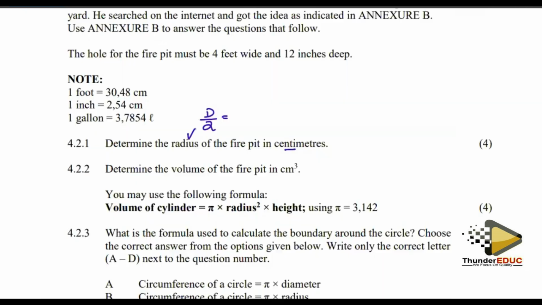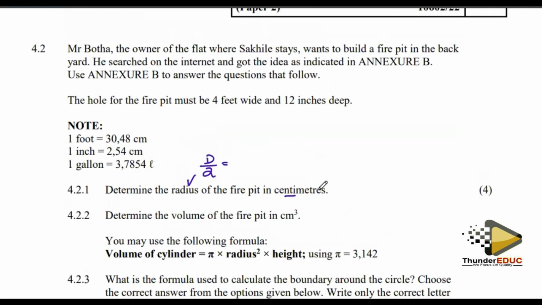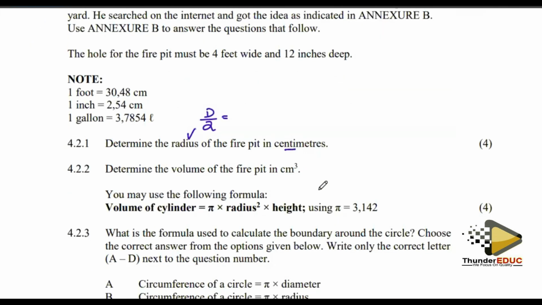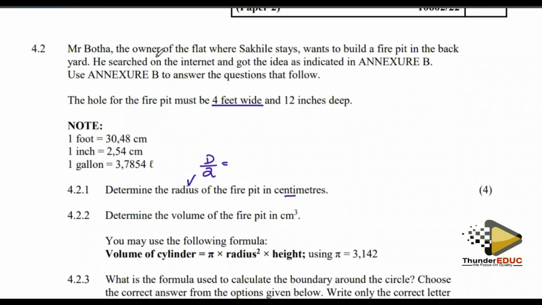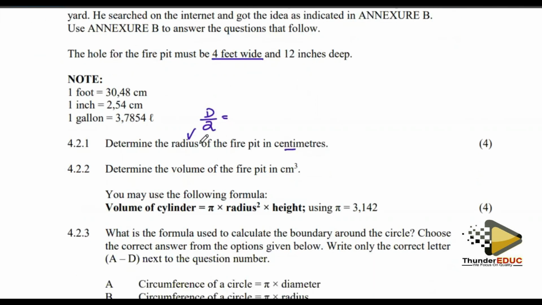All right, let's go back to the question here. Even though you didn't look at the diagram, you would tell from here that it is 4 feet wide. It's a pit. And how would you know that it's a cylindrical fire pit? No, you would not tell until they ask you the radius.